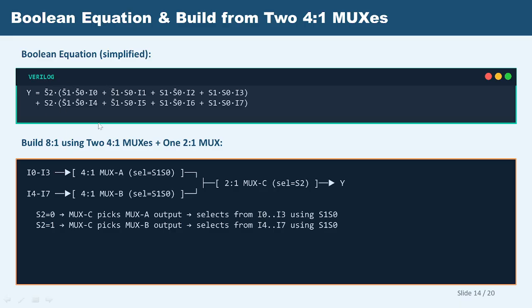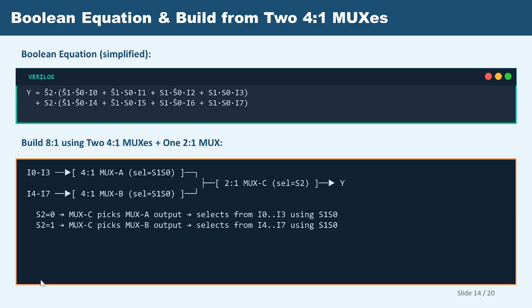So just to simplify the equation, you write the Boolean equation here. Just remember this Boolean equation is created based on the truth table. To satisfy the truth table, you need to create a Boolean equation. This Boolean equation can be used inside the code. That's how you calculate when designing hardware.